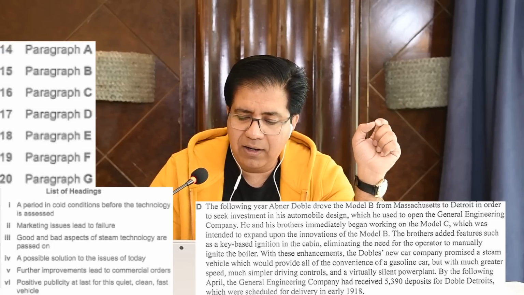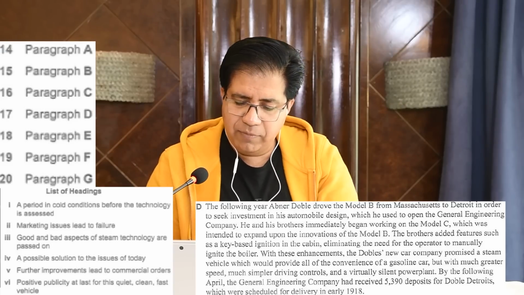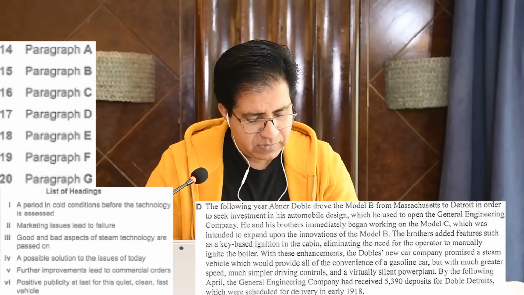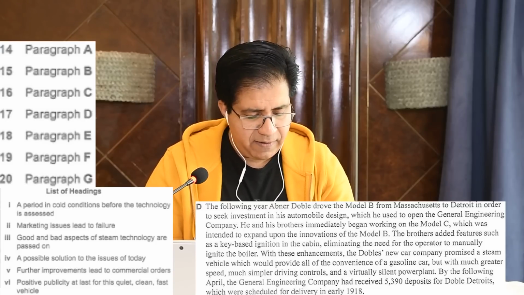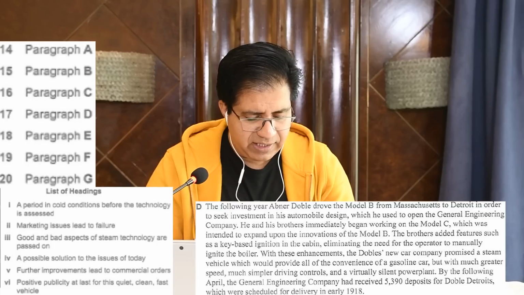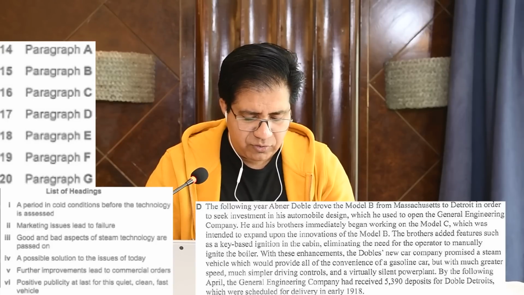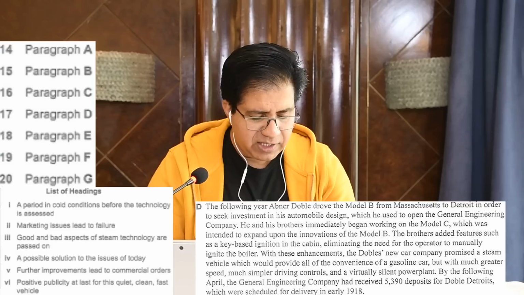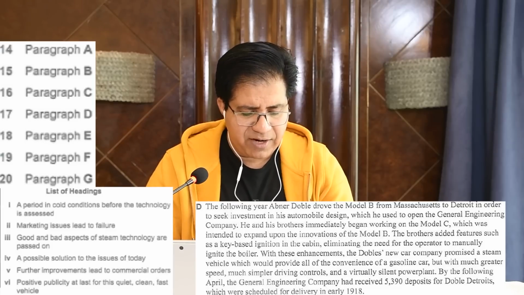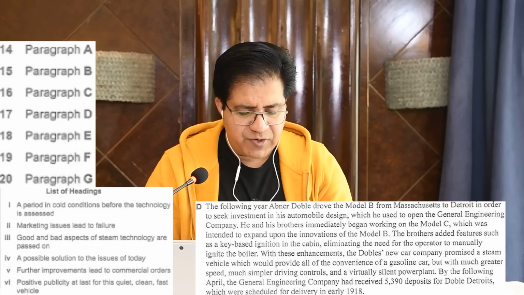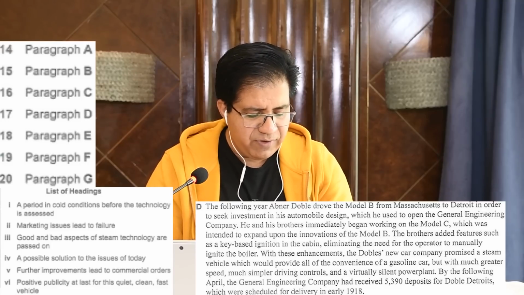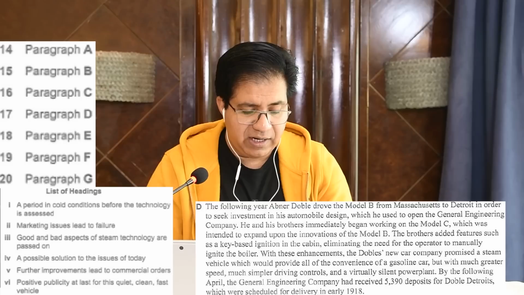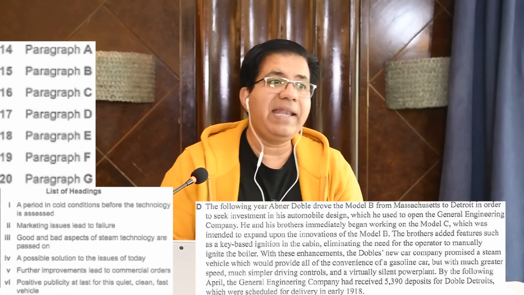No, they are not. Let's just go back and see. Let's just read on there. Ignition, okay, with the enhancements, driving controls. By the following April, the General Engineering Company had received 5,390 deposits for Doble's Detroits, which were scheduled for delivery in early 1918. Heading number 5.